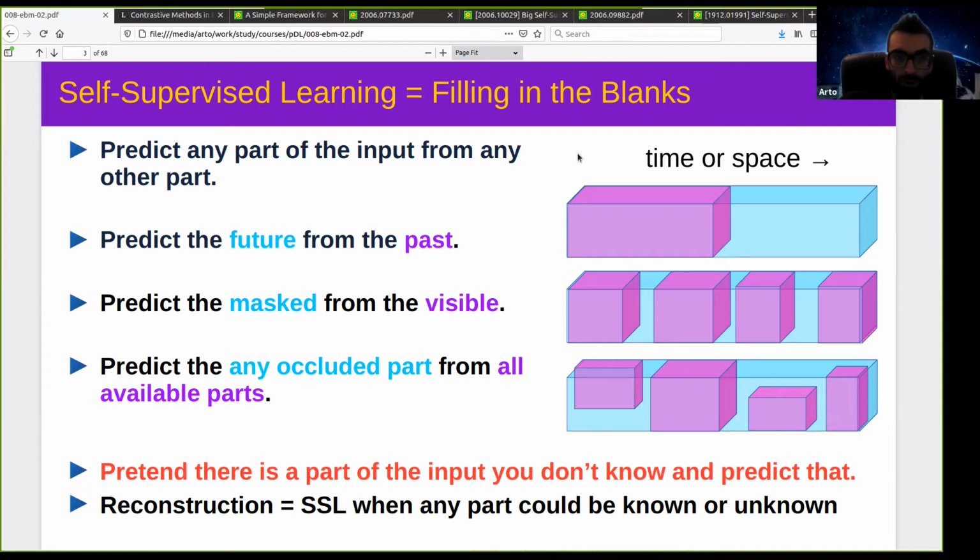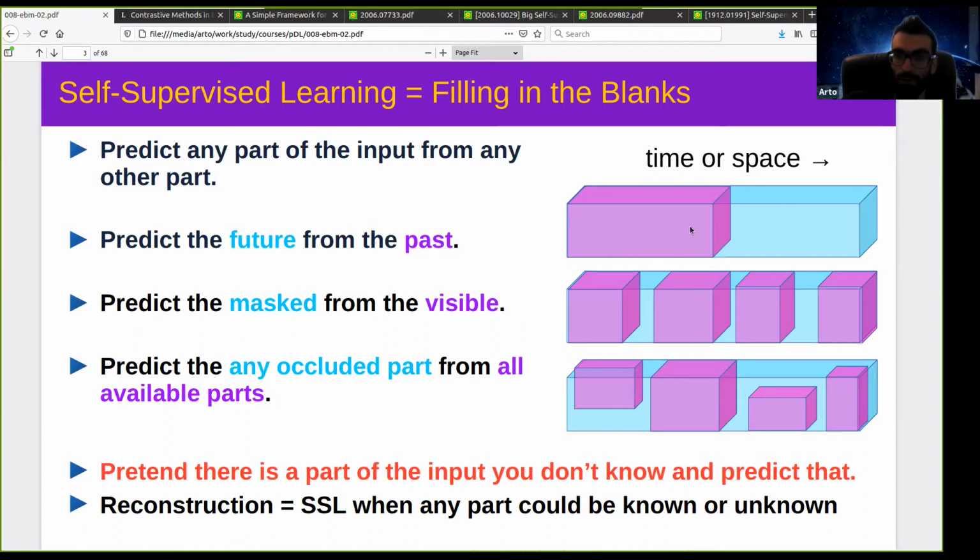So what is self-supervised learning? In general, it would be learning when we construct both inputs and targets from the data points we have. And there are multiple ways we can do it.